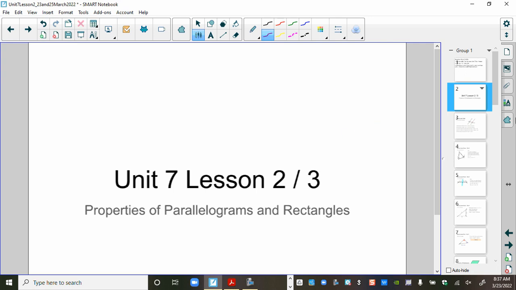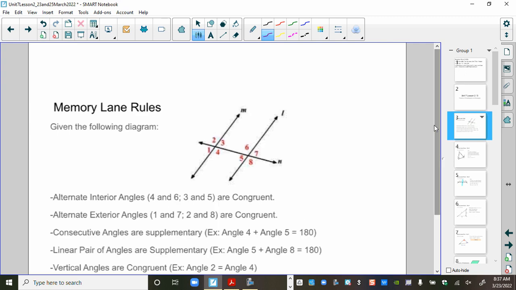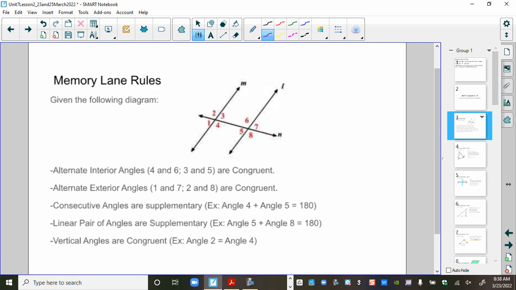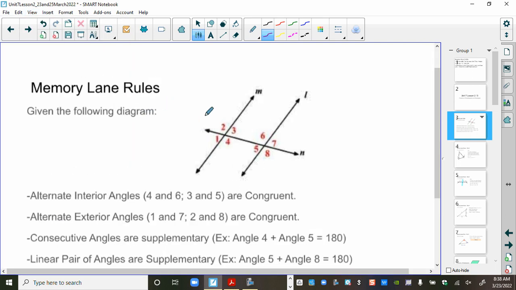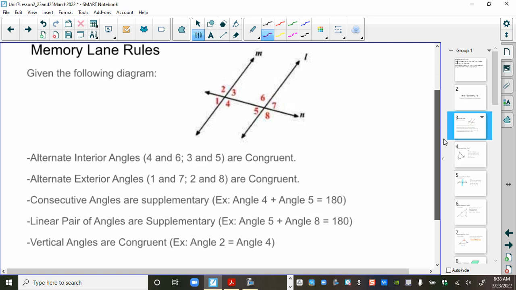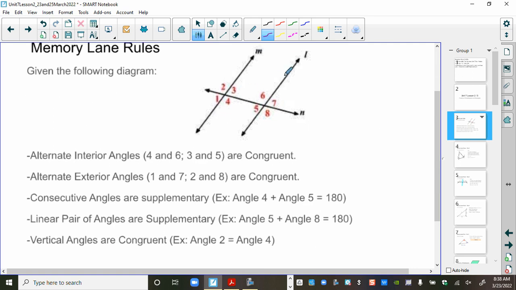All right. We're going to begin. Now, some of these slides are going to be similar to some previous rules from back in the day. For example, remember our 2 parallel lines from earlier this year, like in Unit 1 and 2?